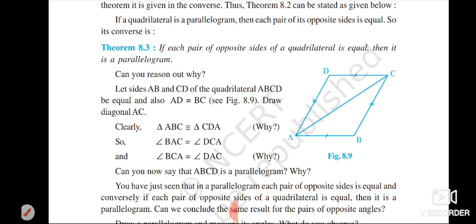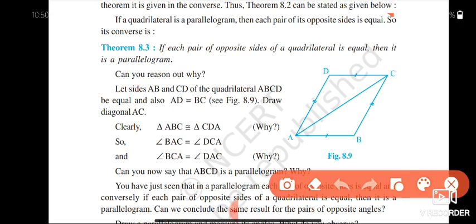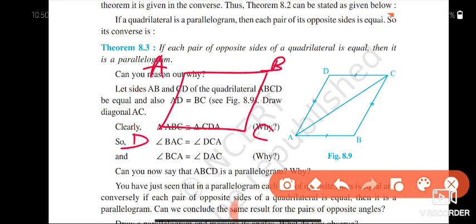If we are making a quadrilateral A, B, C, D, and each pair of opposite sides is equal, that means AB will be equal to DC and AD will be equal to BC. If this situation exists, then this quadrilateral will be a parallelogram.